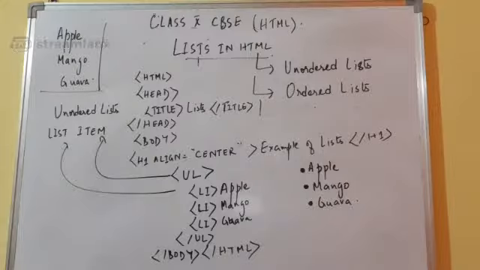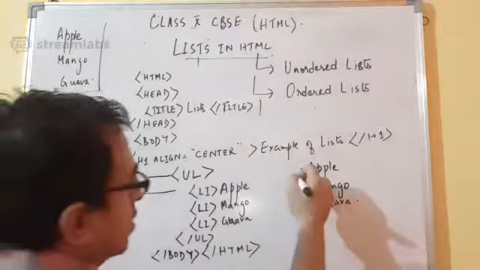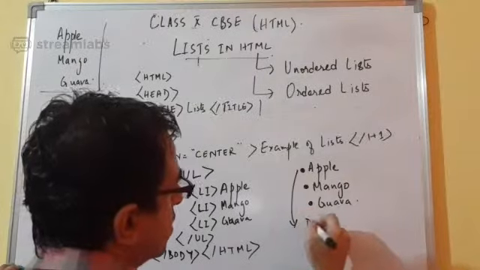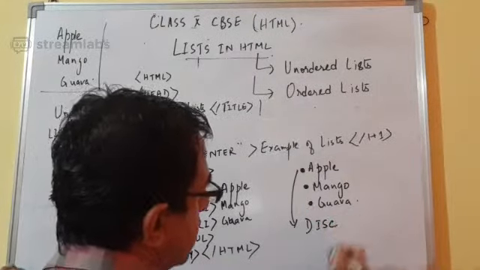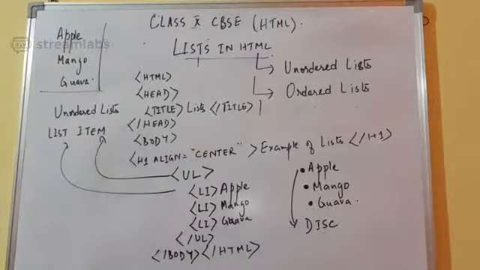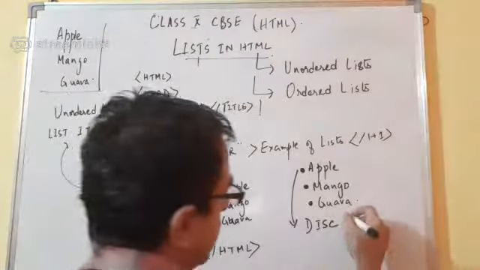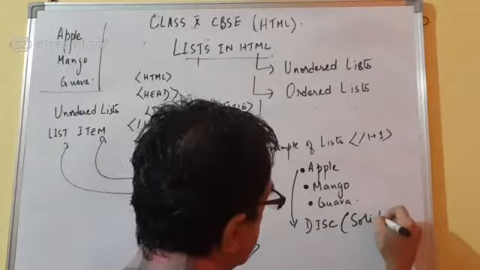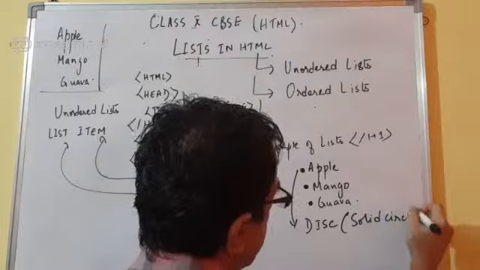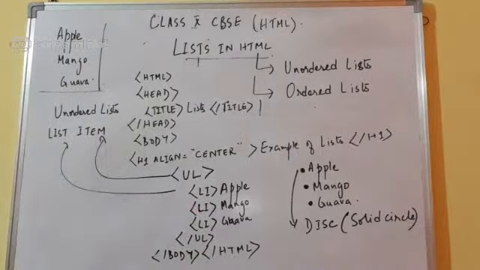Now what are these particular symbols called? These symbols are called disc, DISC. Disc represents filled circles, solid circles. Now, can there be any other symbol?